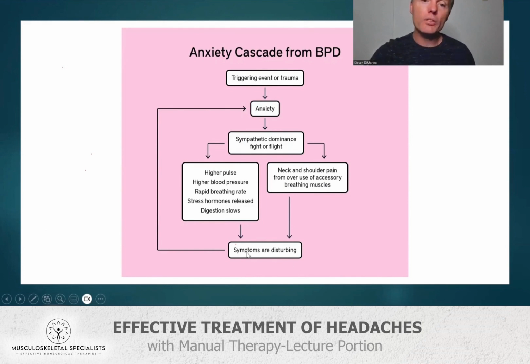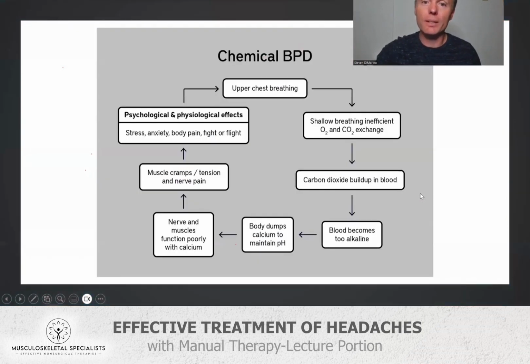Right here where you're in fight or flight: pulse goes up, blood pressure goes up, breathing rate goes up, stress hormones released, digestion slows, you can't poop, and it doesn't go away because symptoms are disturbing and it gives you anxiety, and round and round and round you go. This is very important, and you're going to have chronic headaches, right? You know that. And so this is part of our headache treatment. You've got to fix this.